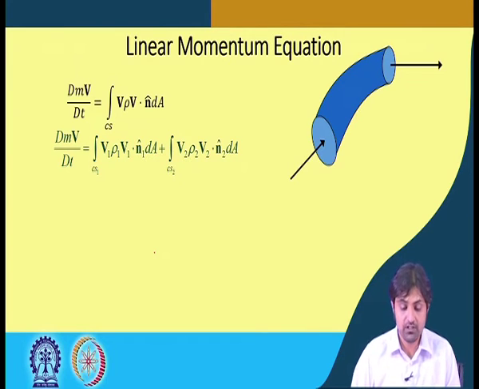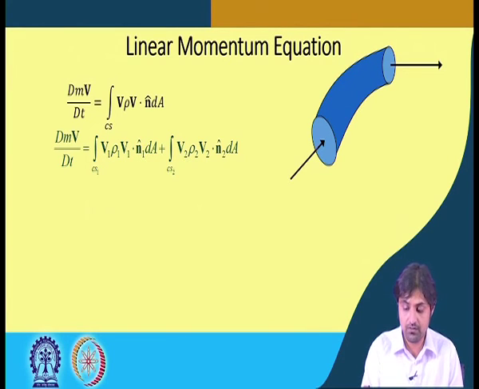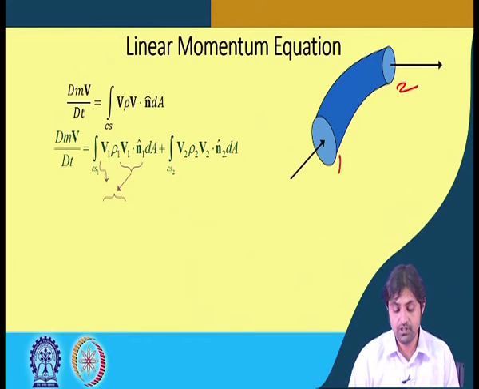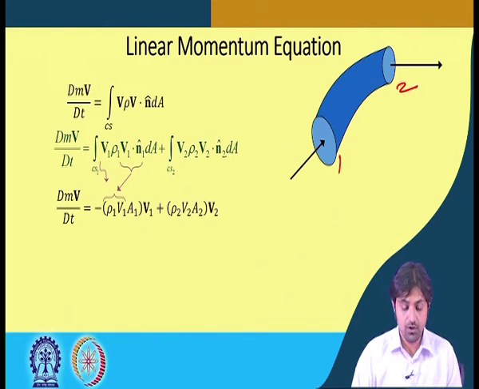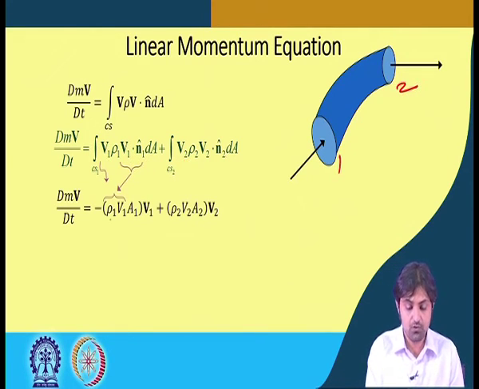In simpler words, taking this as 1 and this as 2, it is V1 rho 1 V1 dot N1 dA and V2 rho 2 V2 dot N2 dA, or simply rho 1 V1 A1 times V1, which takes care of the direction.